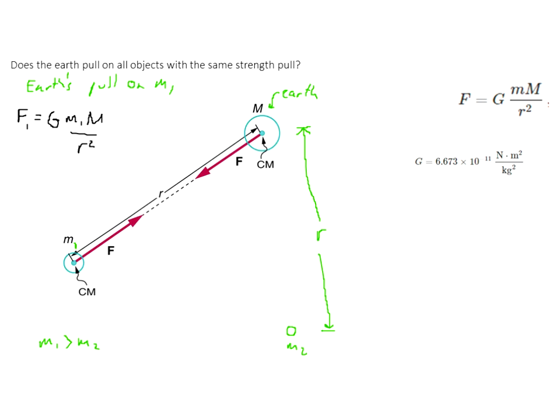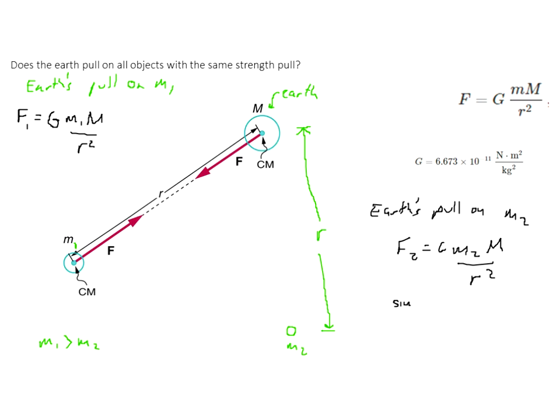The Earth's pull on M2, that's going to be F2 equals G M2M over R squared.